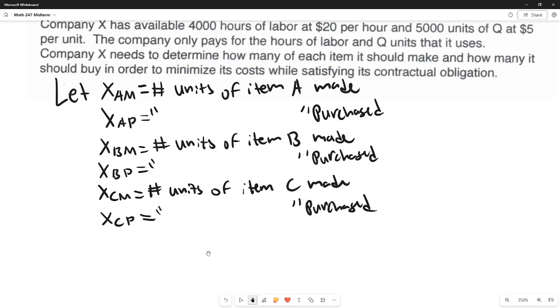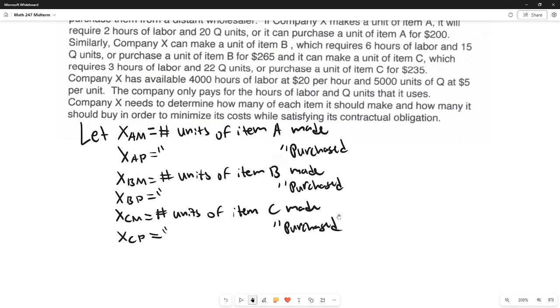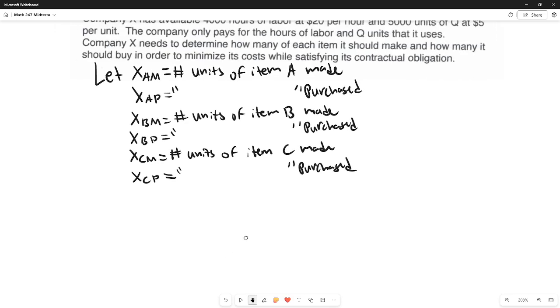Okay? So these are our 6 unknowns. If you wanted to, you can make unknowns for the number of Q units used and the number of hours used, but that can just be done within your equations as well, or inequalities, sorry. So I'm just going to do it that way instead. So we're going to be minimizing Z, and remember we want to minimize the cost.